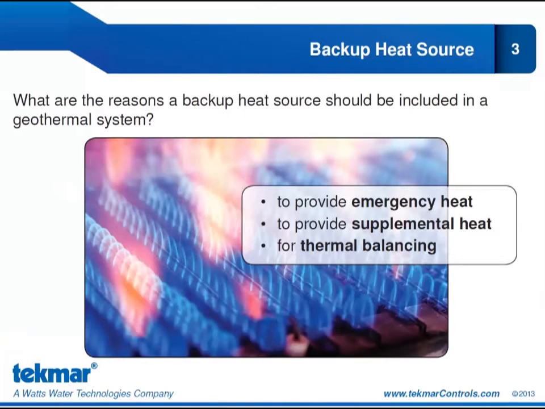Now, the question of supplemental heat comes down to if we knowingly undersize our ground heat exchanger and our heat pump because of concerns of capital cost. And that is also a very common consideration because the earth loop is such an expensive part of the system. We mentioned in earlier modules that it accounts for 30 to 50% of the total cost.